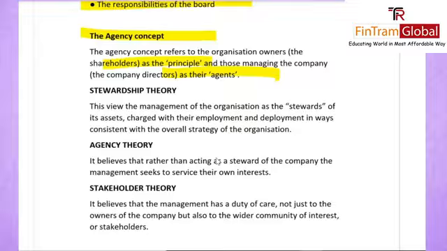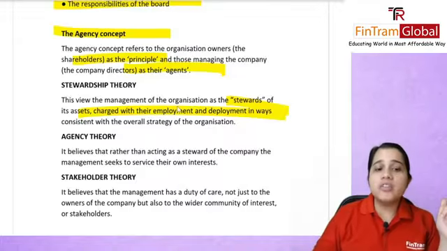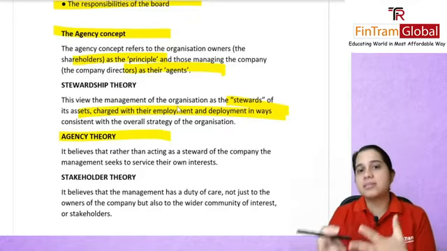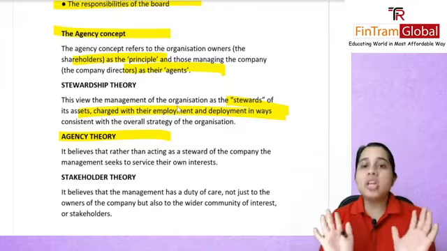Stewardship theory was basically that your management act as stewards of the asset. They will decide how it is used, in ways consistent with the overall strategy of your organization. Agency theory says that rather than acting as the steward of the company, management is seeking their own interests.